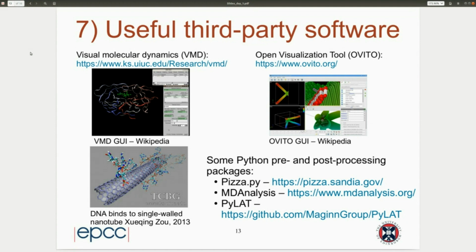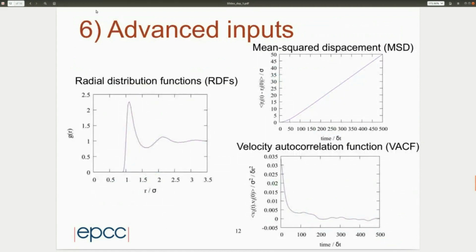But I've heard great things about the other two, so thought I'd mention them here. Just to finish off, I wanted to quickly talk about advanced input methods and computes as well. Before I do that, I noticed that there was a question.